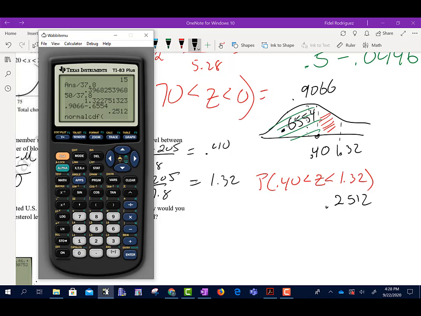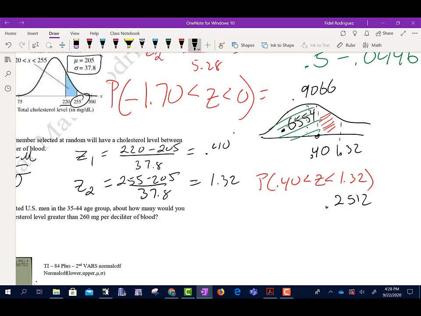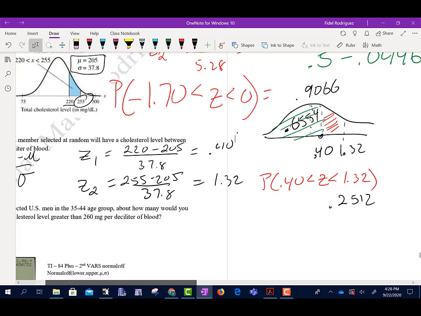My lower limit is 0.40, comma, my upper limit is 1.32. Close it off, hit enter, and 0.2512, because the digit after that is a 6.